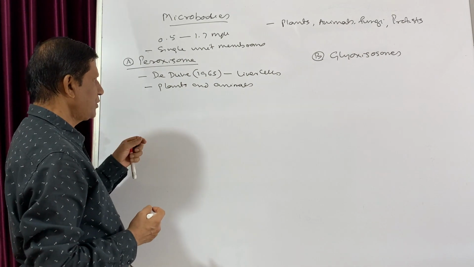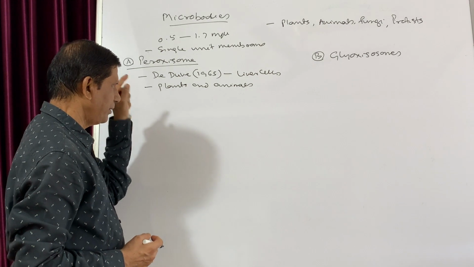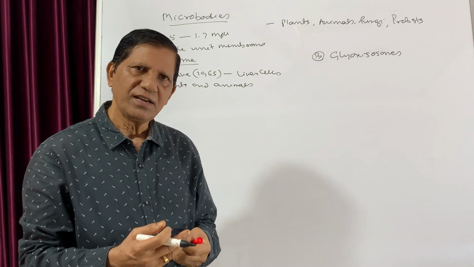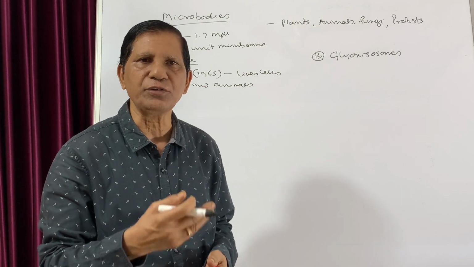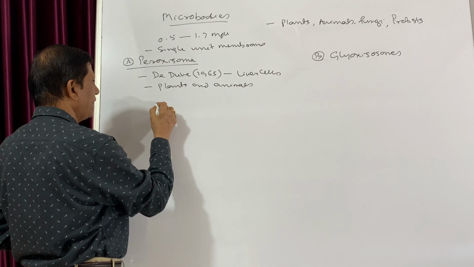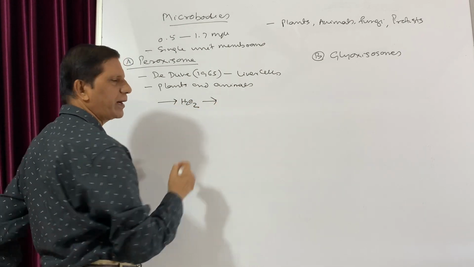It is because the peroxisomes generate and they destroy hydrogen peroxide. That means they give rise to hydrogen peroxide and also they break it.